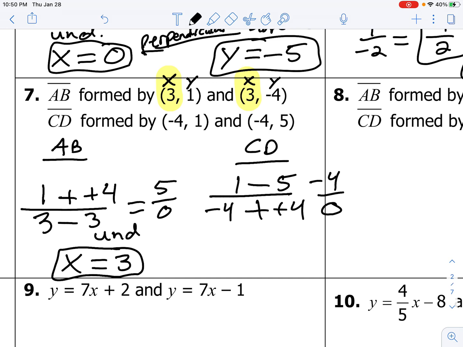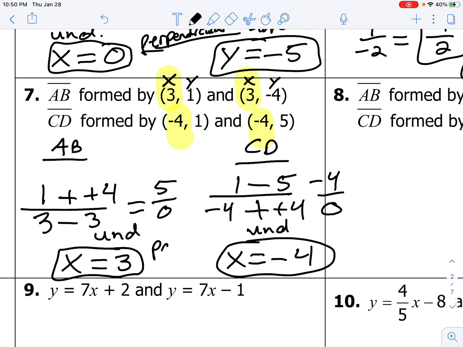So again, we have a 0 on the bottom, which is an undefined slope, an x equals equation. And if you look at both x's on the bottom, they're both -4. So x equals -4. And anytime you have two x equals equations, you're going to have two vertical lines, and that would be parallel.